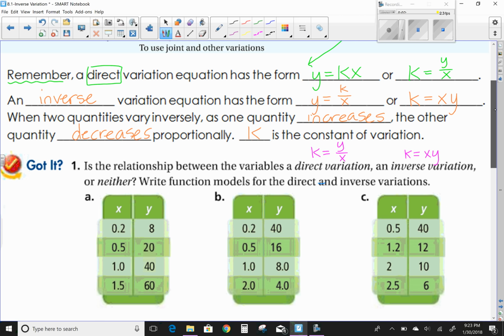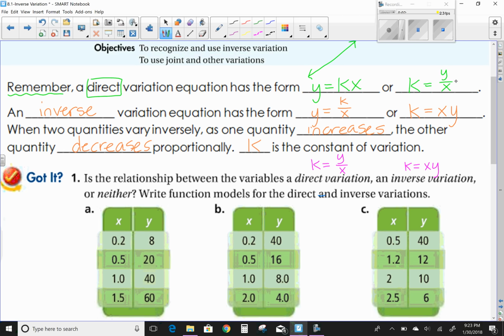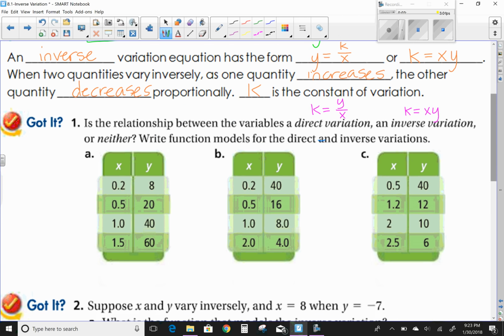If you have trouble telling which one goes on top, remember this is like the slope of a line, and the slope of a line is the change in y over the change in x. So the y is going to be on top whenever you're dividing like that. To do this problem, it's easier to multiply.